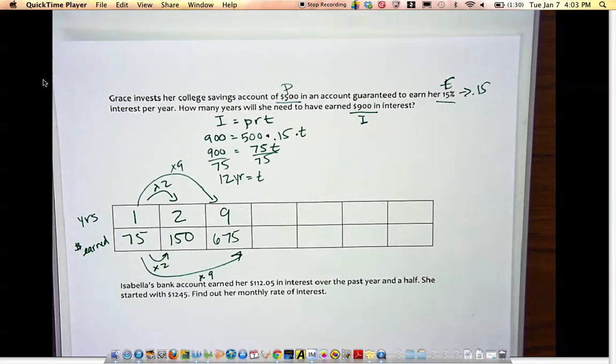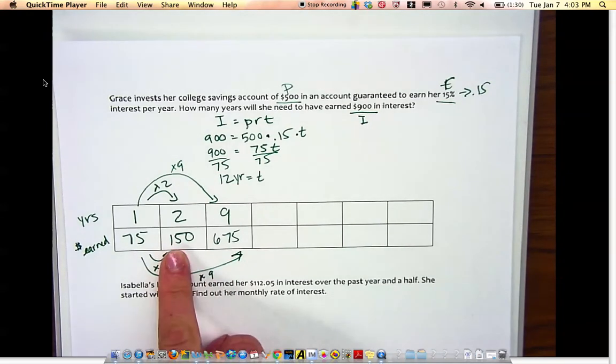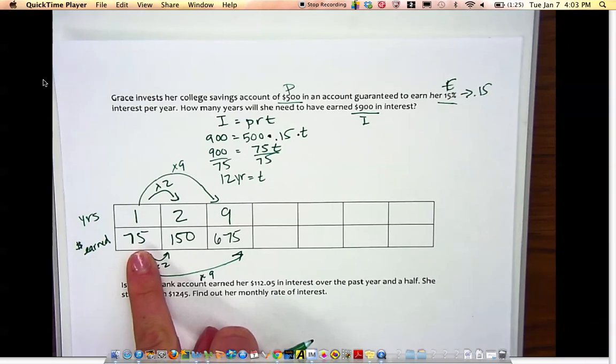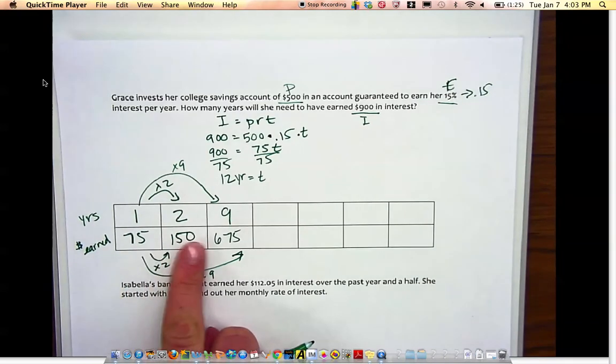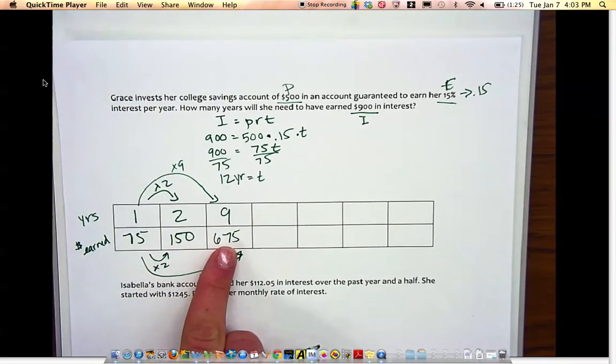Now this is interesting. If I add $675, $150, and $75, I feel like I'm going to get close. So 75 and 150 give me 225. And 225 and 675, well, that's going to give me 900.